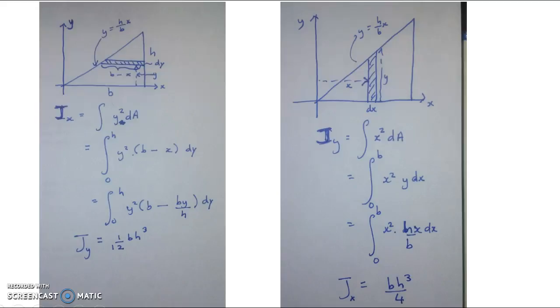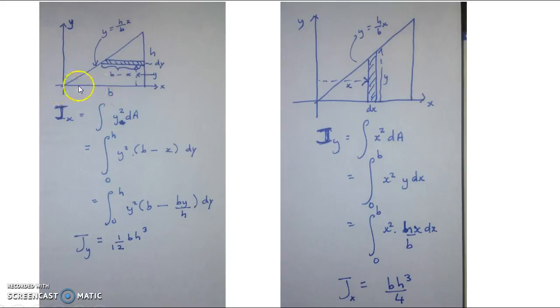So for example, if I wanted the moment of inertia about the x-axis, first of all, I'm going to find the polar moment of inertia, and then I can multiply that by m over A, right? So I can say that the polar moment of inertia is given by the integral of y squared dA. Remember, I need that perpendicular distance from the axis.